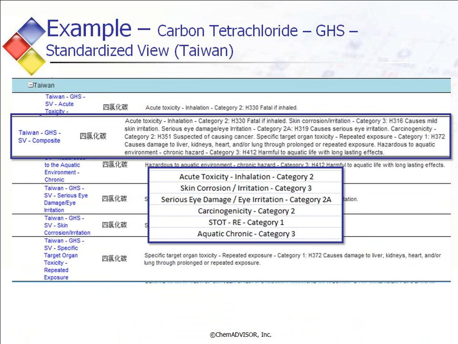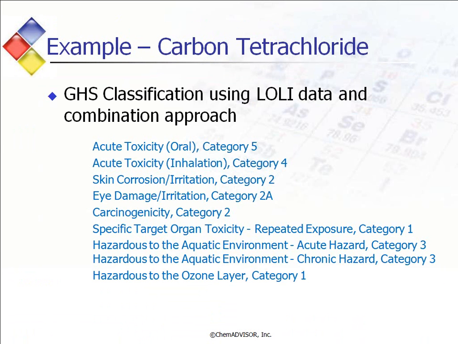A combination approach looking at the data as well as the published classifications might result in a carbon tetrachloride classification of acute toxicity oral Category 5, acute toxicity inhalation Category 4, skin corrosion irritation Category 2, eye damage and irritation Category 2A, carcinogenicity Category 2, specific target organ toxicity, repeat exposure Category 1, hazardous to the aquatic environment acute Category 3, hazardous to the environment chronic Category 3 and hazardous to the ozone layer Category 1.